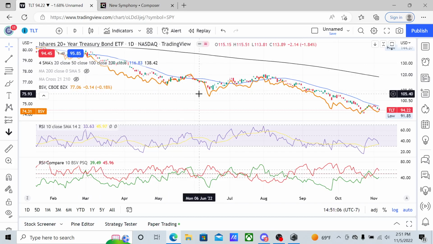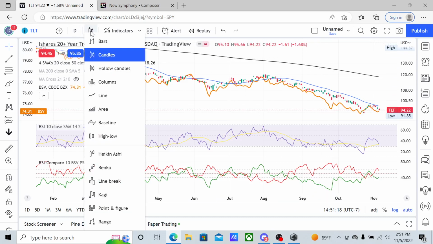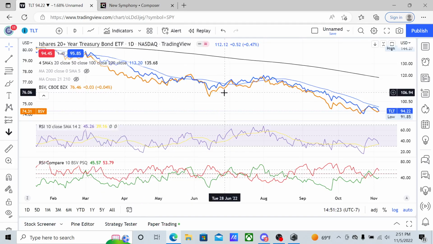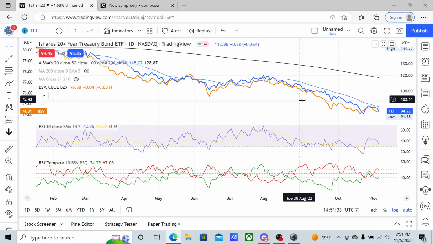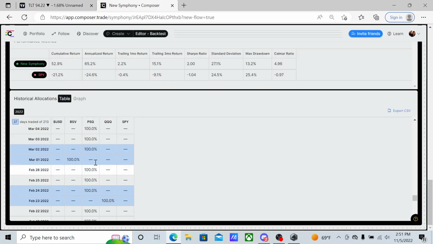So you can see sometimes it's funny. Sometimes BSV falls sharper than TLT does, and then other times TLT is falling sharper than BSV. Or maybe I'm just getting tricked because I'm using bars and lines. But yeah, you can see they're both declining, but they're not exactly correlated either. So this would be a good thing to measure in your strategy.